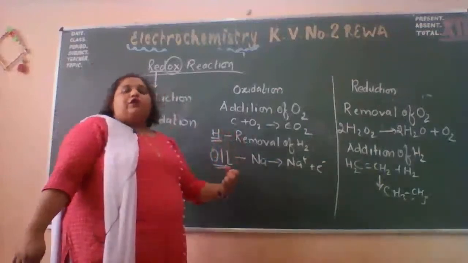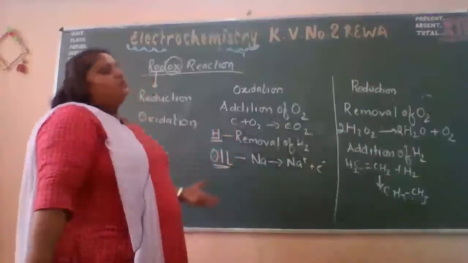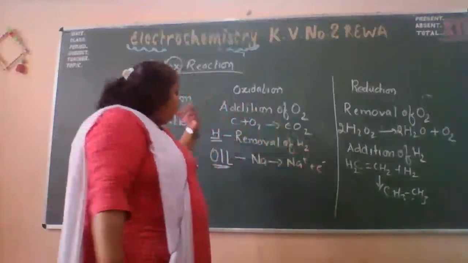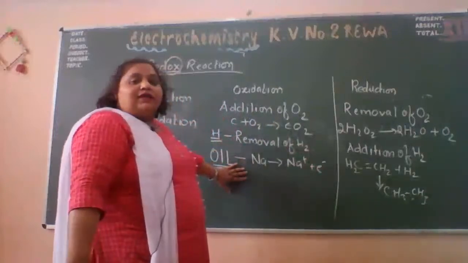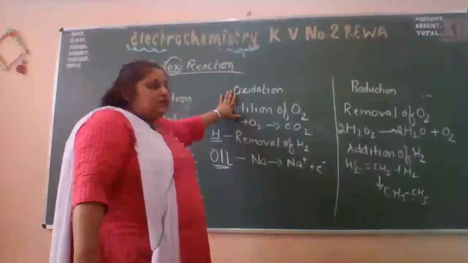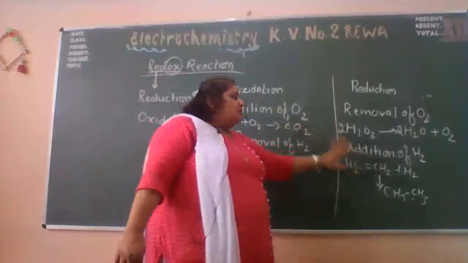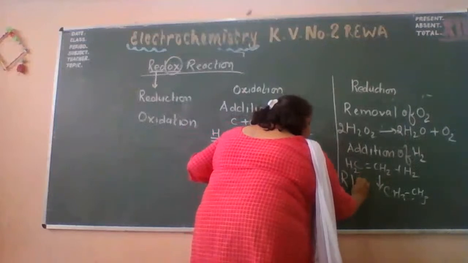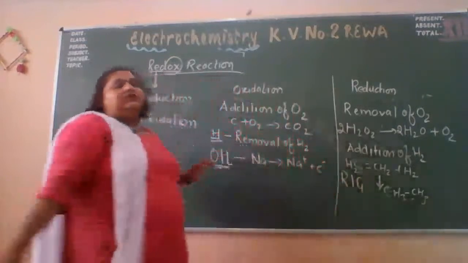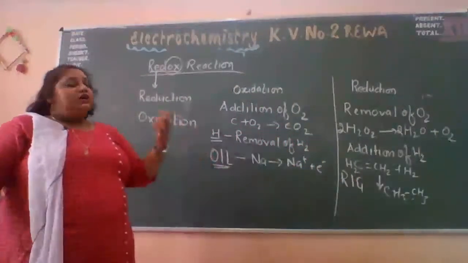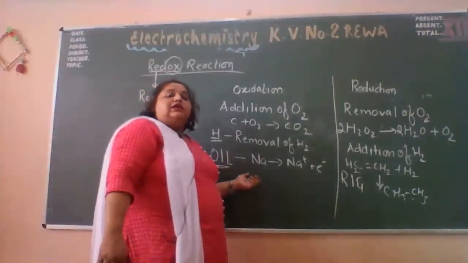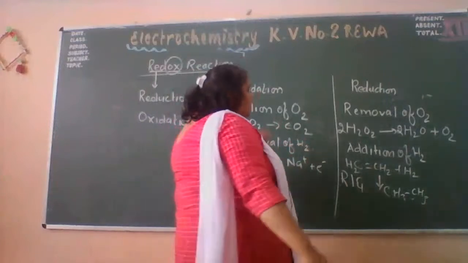The gain of electron is the reduction, just inverse to that. The process of loss means it is the oxidation, and the gain process is called reduction, the reaction in which the electron is gained.